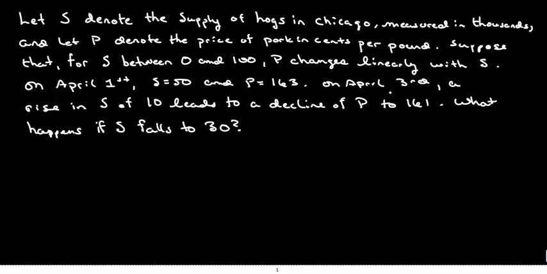Now on April 3rd, a rise in S, an increase in the supply of 10, which is 10,000, leads to a decline in the price to 161 cents per pound. What happens if S falls to 30?